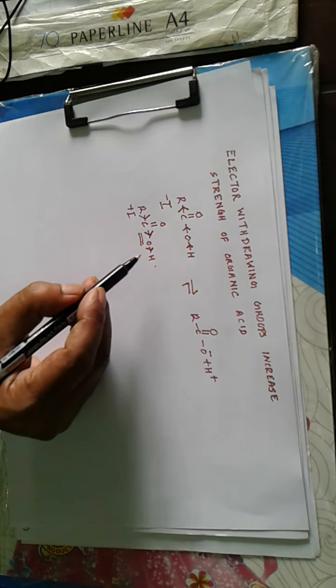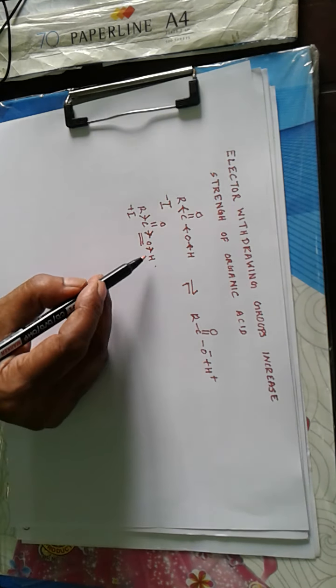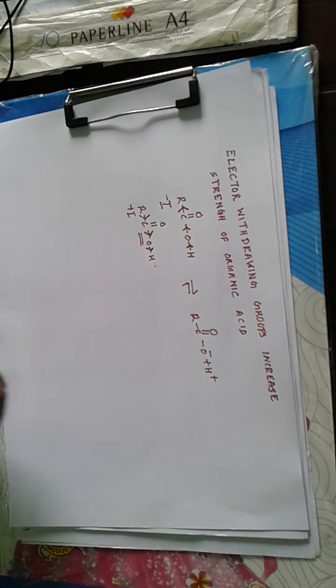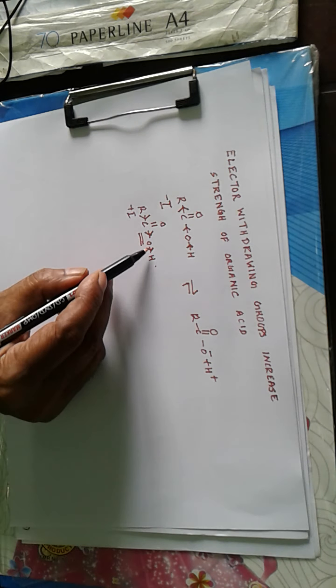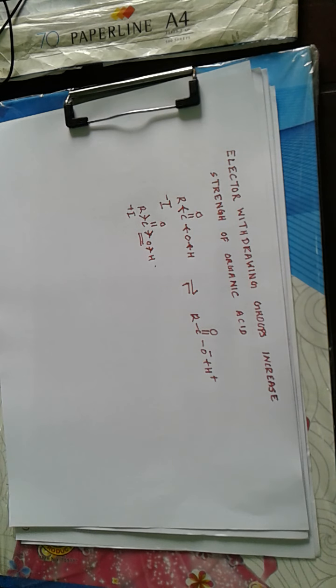So oxygen will be having a lesser tendency to accept the electron pair in the OH bond. So here the reverse tendency is shown. Oxygen pushes electron density towards hydrogen, so that removal of hydrogen as H positive is made difficult.